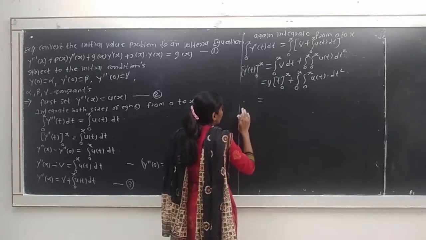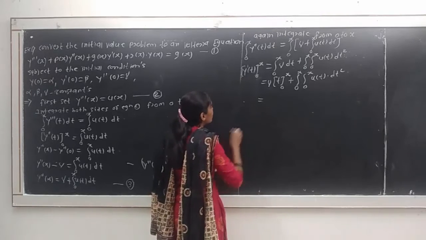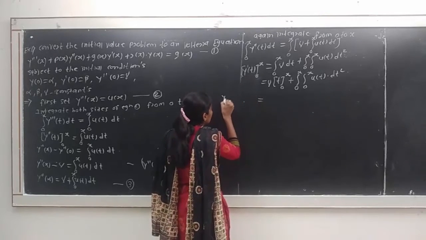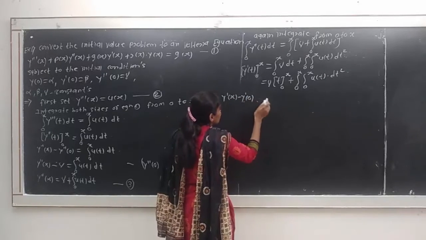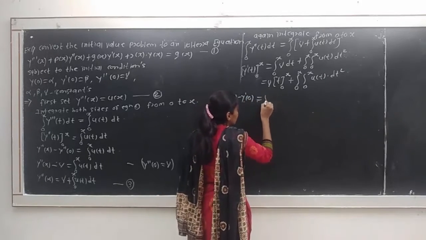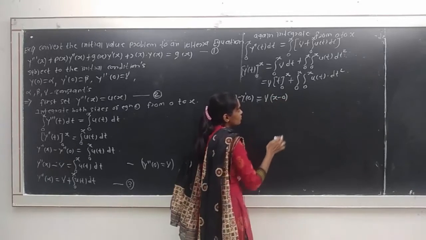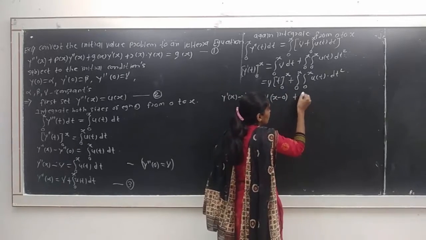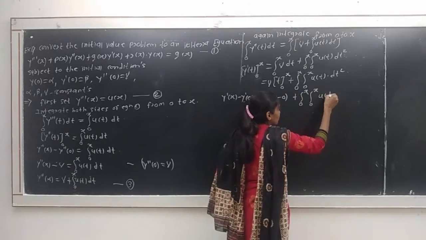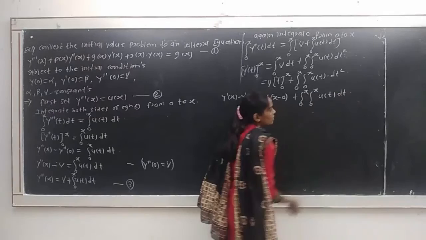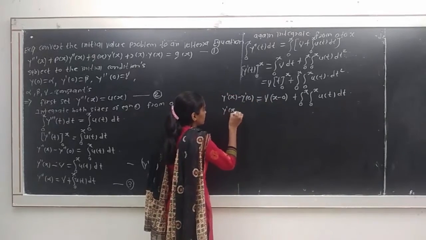By putting the limits, we get in the next step y dash of x minus y dash of 0 is equal to gamma times x minus 0, by putting this limit, plus the integration from 0 to x of u of t dt. Then y dash of x will be as it is.